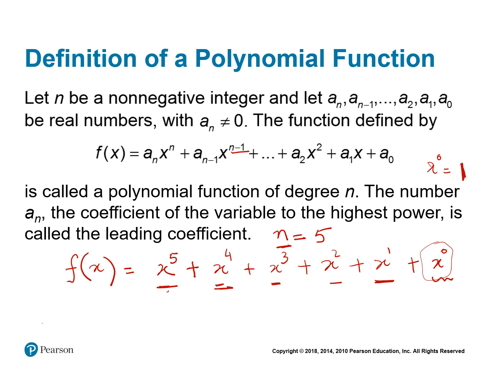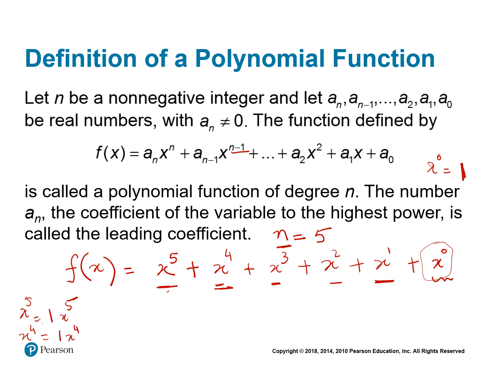All right, when we do not see a numerical multiplicative to a term, that means the coefficient is a 1. x to the power 5 is the same as saying 1 times x to the power 5. Just x to the power 4 is the same thing as saying 1 times x to the power 4, correct?